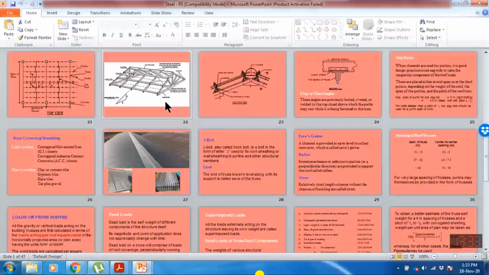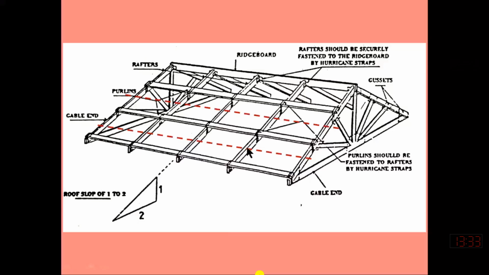From the chart we have determined the force in one sag rod. But on one side, if the number of purlins is 4, 1, 2, 3, 4, then the number of sag rods will be 3. So the total force in the sag rods will be the force in one sag rod, taken from the charts given in the LRFD manual, multiplied by the total number of sag rods that we are using on one side.